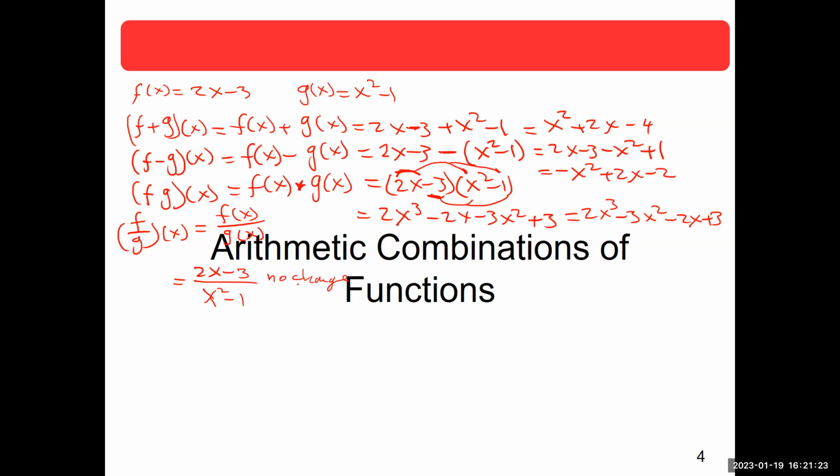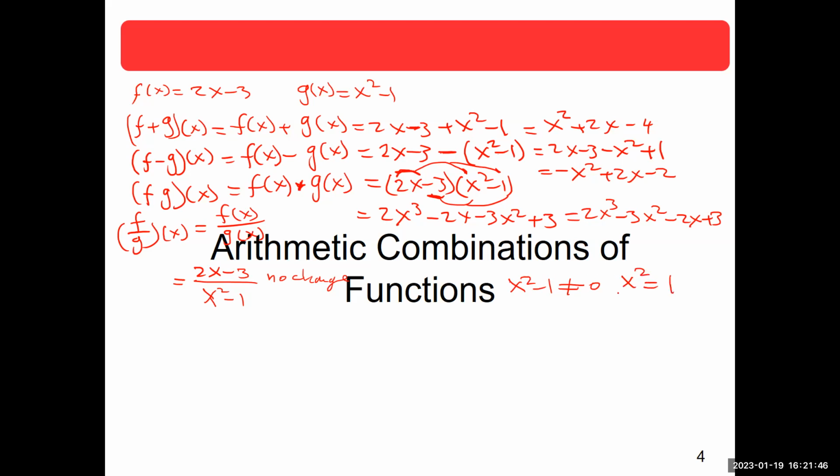However, with a fraction, doesn't matter if somebody asks you or not, you are supposed to say the bottom cannot be 0. So we have to say x squared minus 1 does not equal 0. Then x squared does not equal 1.